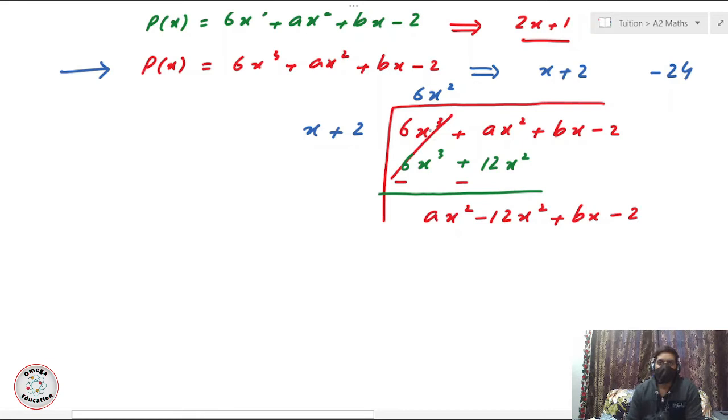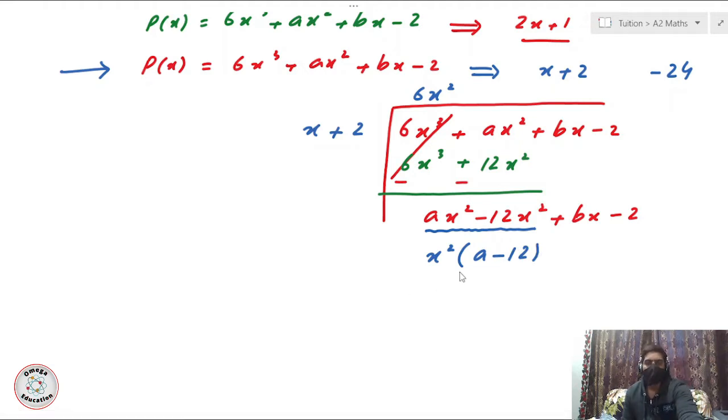Now the next thing, try to combine the like terms. In that case, the first row are the like terms. So if I take x squared as common, I'll be left with a minus 12.